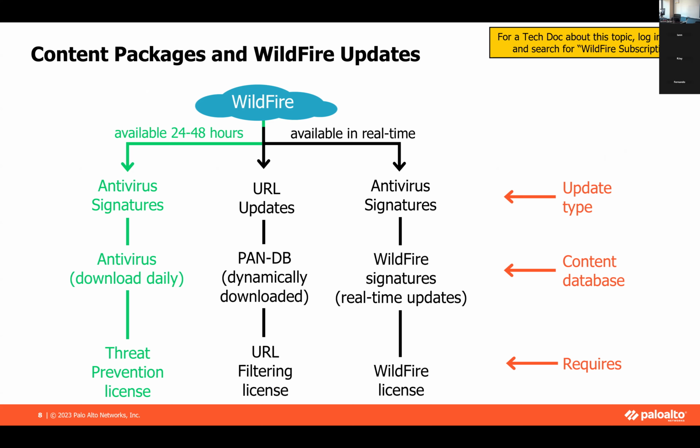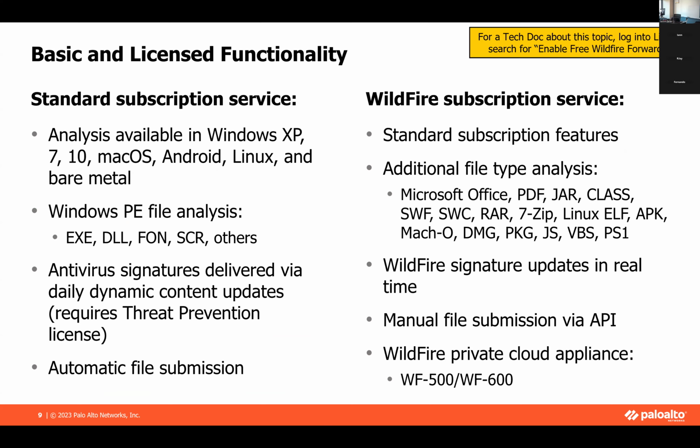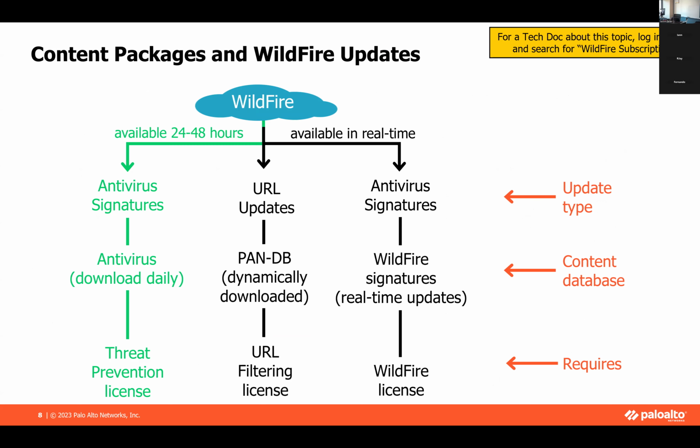So if you're some business where threats are a problem, but you don't need real-time threats coming in, you may not buy this part and just buy the URL filtering. We're going to filter out stuff that we know is known bad, or even on the threat prevention side, keep the antivirus stuff out. But the Wildfire, that's really for somebody that can't let anything in the network and let it get detected, period.